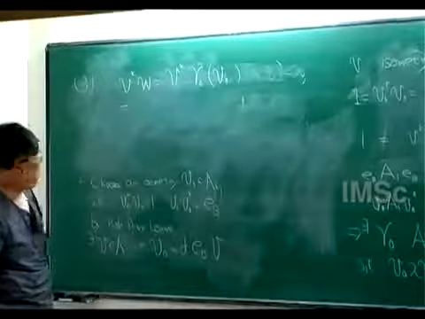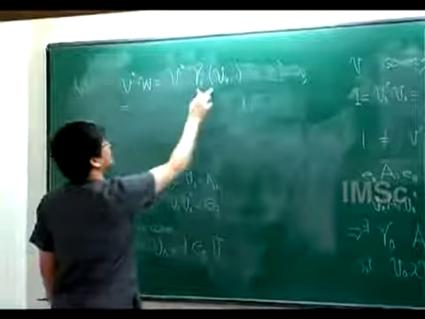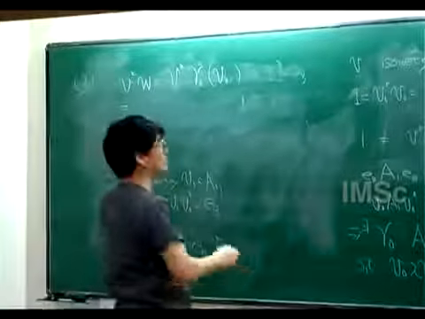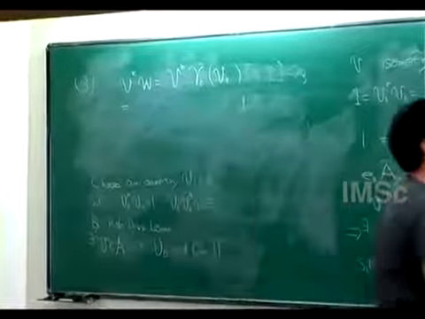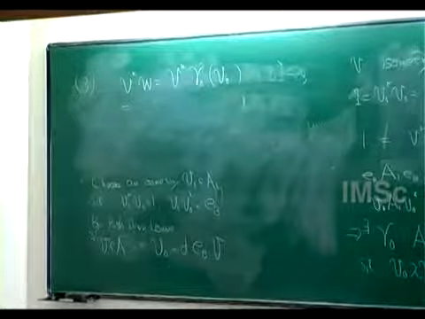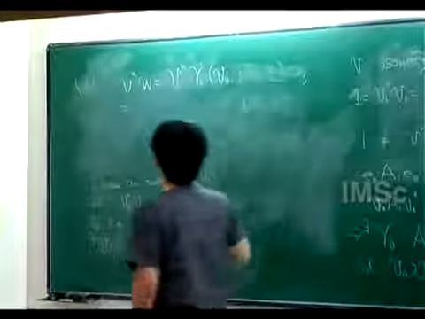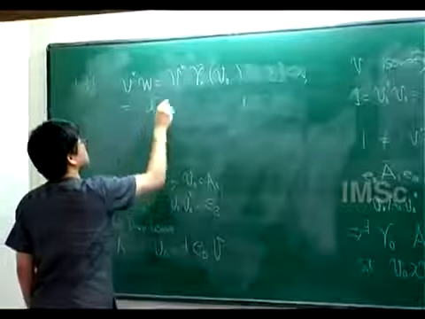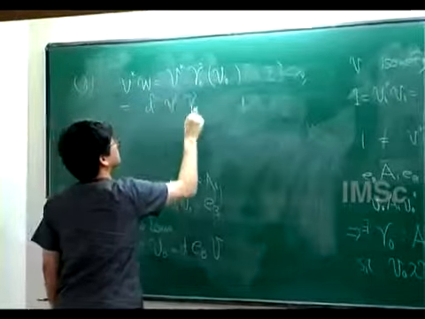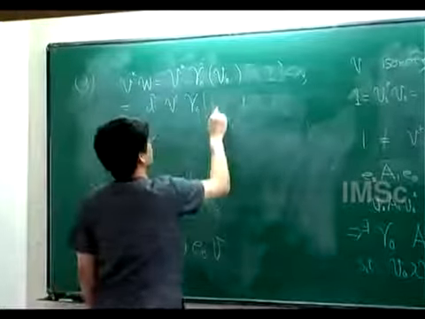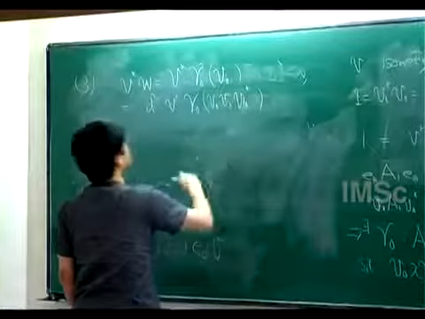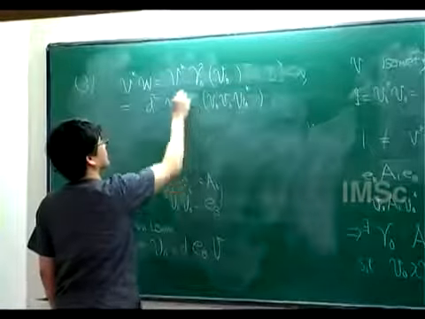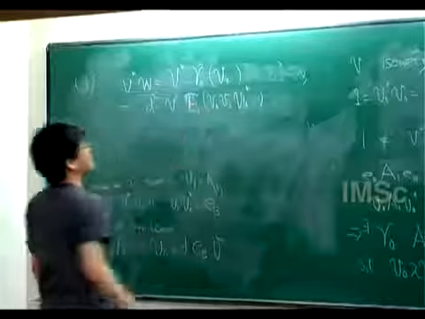And now there is a nice formula for gamma 0 by using the expectation. Here, this is V0, V0 star. Sorry. This is, yes, the conditional expectation.